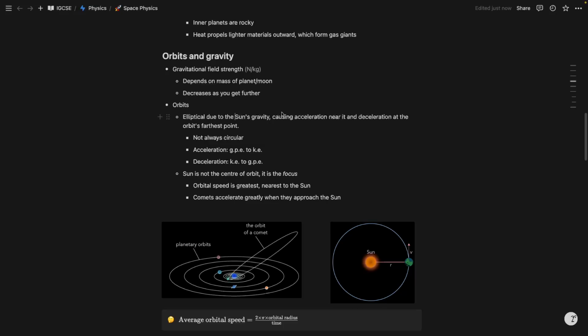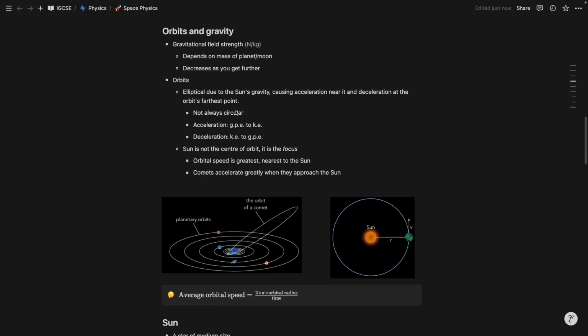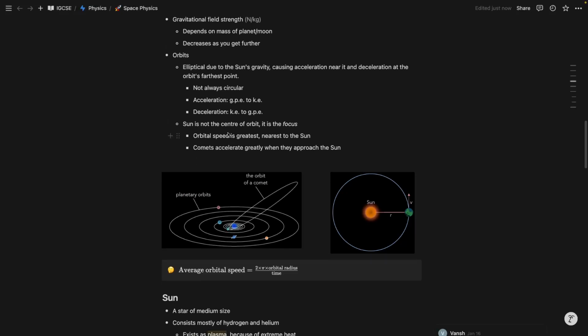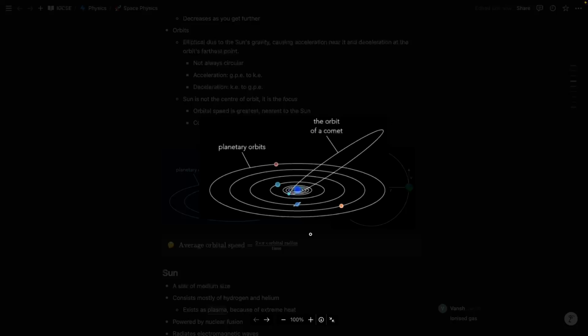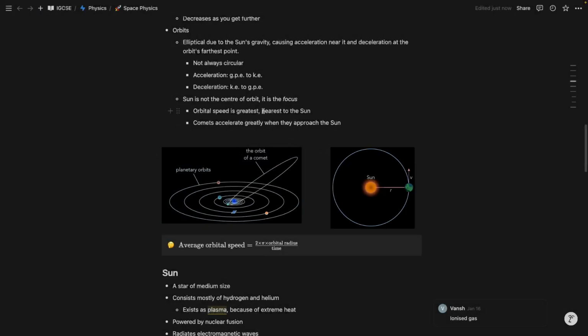So that means as an object gets closer to the sun, it accelerates, but as it gets further, it decelerates. And as I told you, elliptical is different from circular, and during acceleration, gravitational potential energy turns into kinetic energy, vice versa for deceleration. The sun is actually not the center of the orbit, it is the focus, which is the point where gravity acts and pulls all of these objects into their orbit.